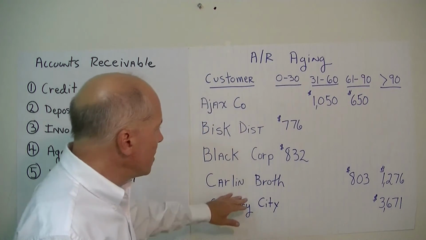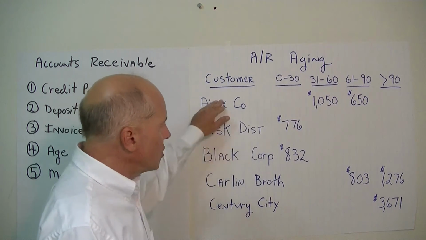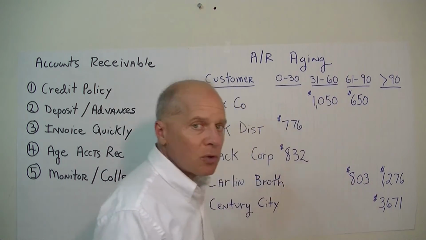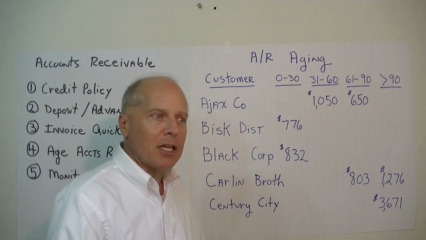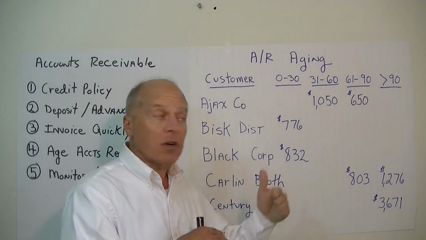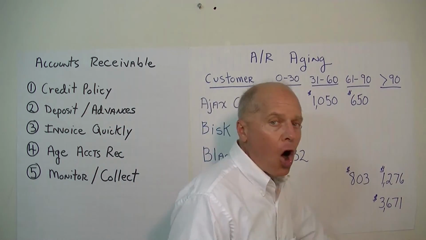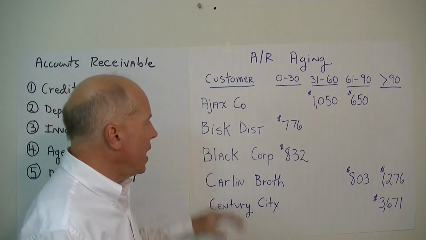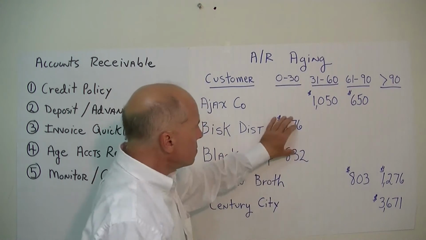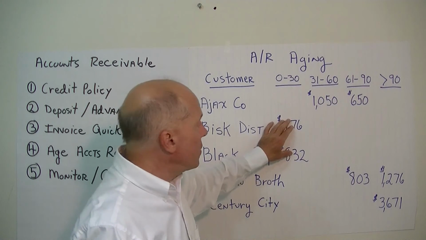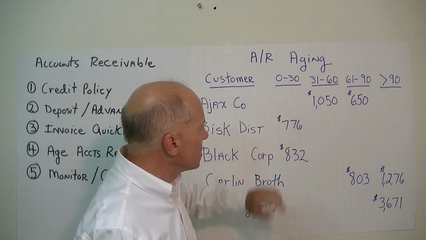So you need to look at this and monitor this. And you can see that different customers have different agings in these columns. So you want to manage the customers a little differently depending on where they fall within these columns of the aging report. Like these two customers are pretty much current, and they pay, let's say, their invoices on time on a regular basis.